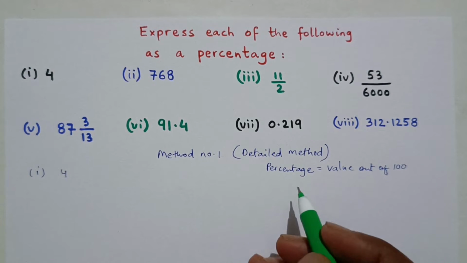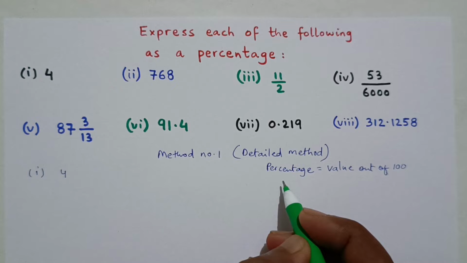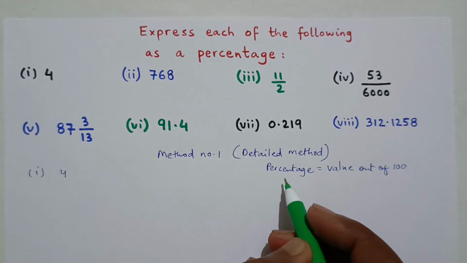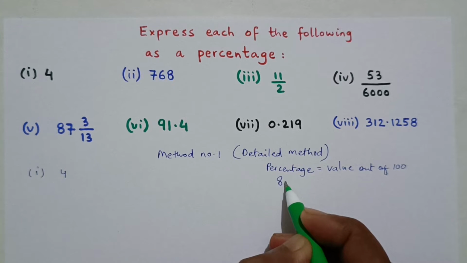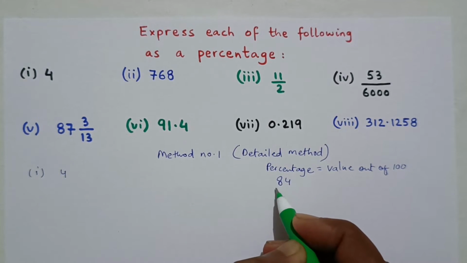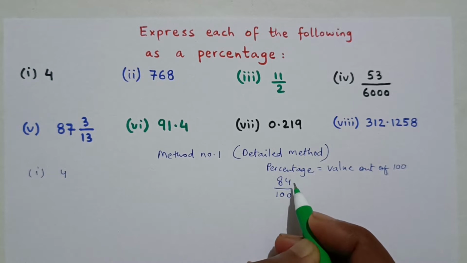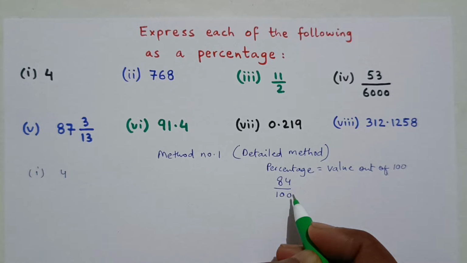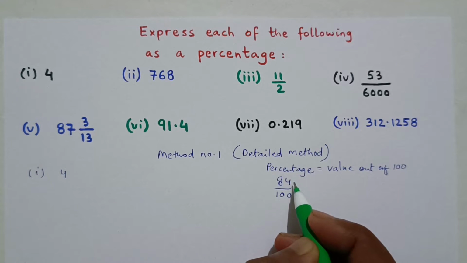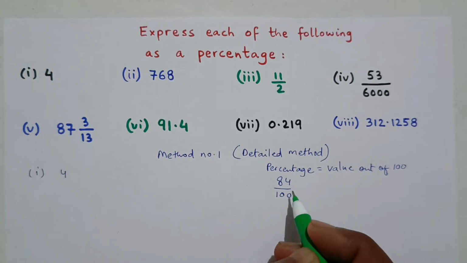So what does this mean? I will explain to you using an example. Let us say in an exam somebody scores 84 out of 100. You must have seen such kind of representation in your school life. This means 84 out of 100. 84 upon 100 means 84 out of 100.